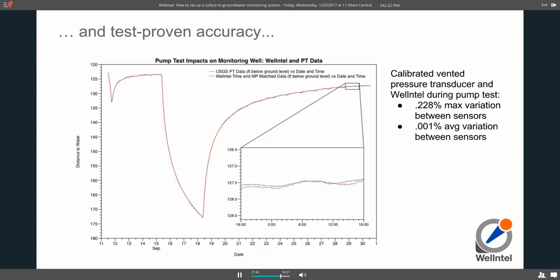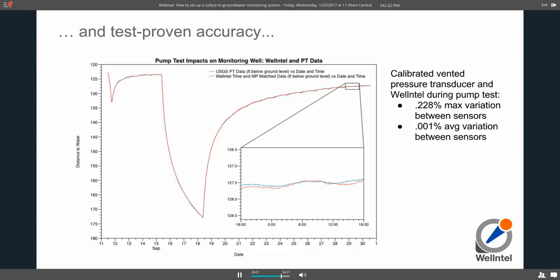And the Wellntel device showed that cycle maybe a little tiny bit more dramatic than the pressure transducer showed. And that was a valuable finding through this test, because we were able to determine that the way in which we were compensating for temperature in this particular location was a little bit too much.